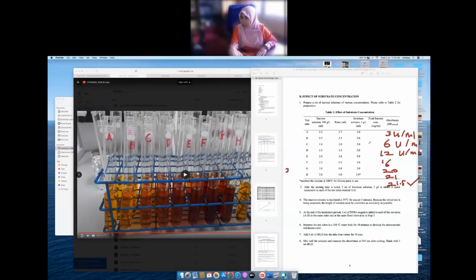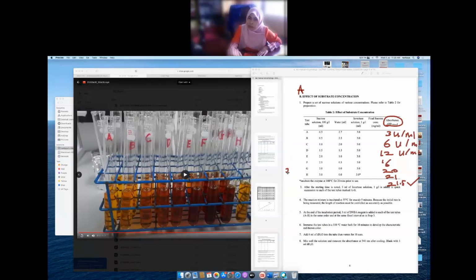We have not done this experiment, but the absorbance will be almost similar to the one you got from the previous experiment, experiment A. That's why I didn't do this experiment, because it's almost similar, except the way we interpret it will be a bit different.